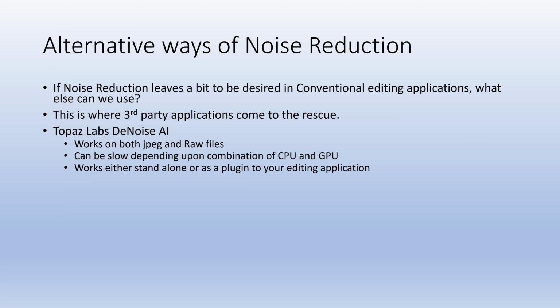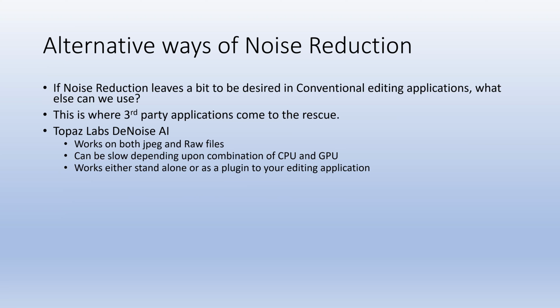And don't ask me if I can tell you whether your system will be slow or not. There's just no way I can tell you. But you can use it either standalone or as a plugin. So if the software that you're using to edit the photos doesn't support plugins, you can use it as a standalone.